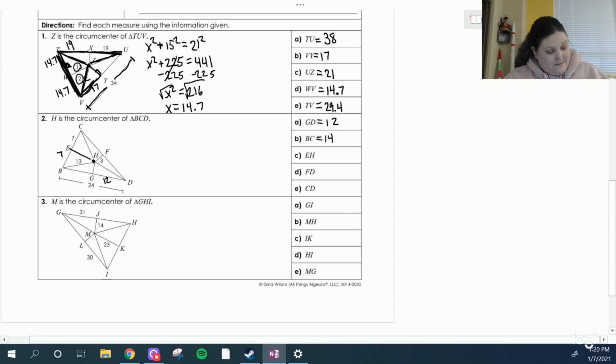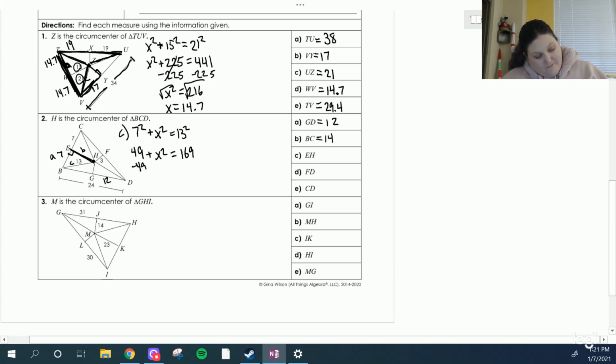EH is this piece here. Now, I don't have a measurement for that one, but I can use Pythagorean theorem because this makes a right angle there. And because it makes a right angle, I have A, I'm missing B, and this would be C. So for part C, I do 7 to the second power plus x to the second power equals 13 to the second power. 7 to the second power is 49 plus x to the second power is equal to 169.